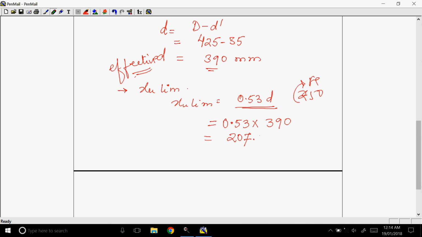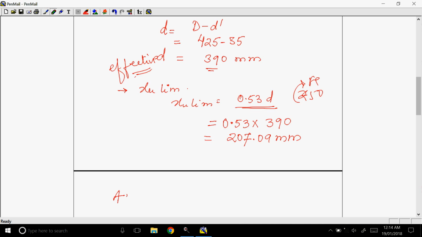We need to calculate the actual neutral axis, NA, that is our Xu. We have the formula for Xu.